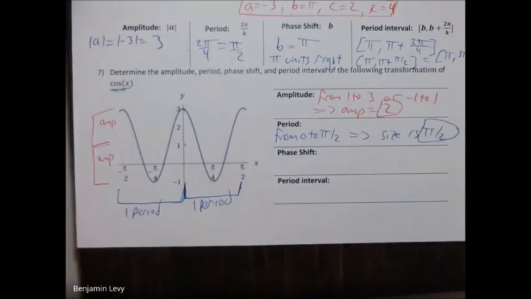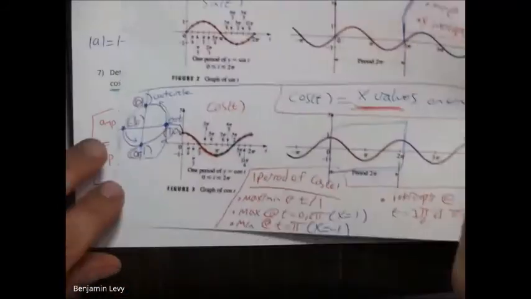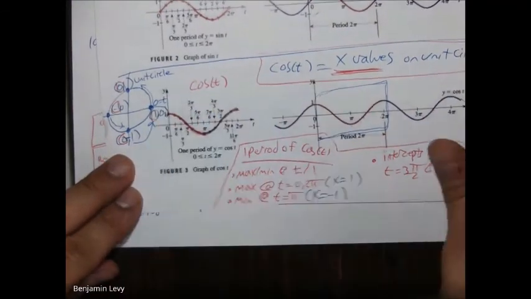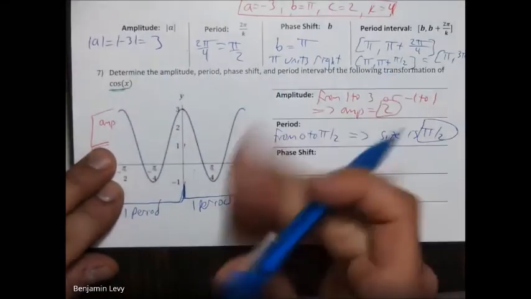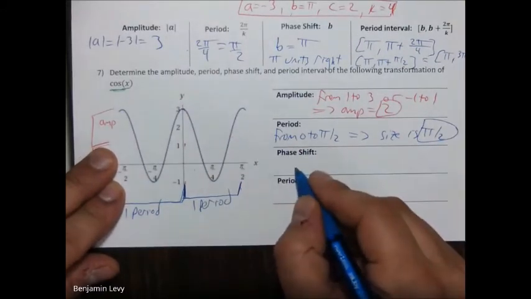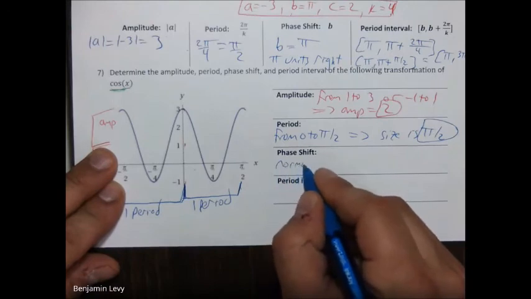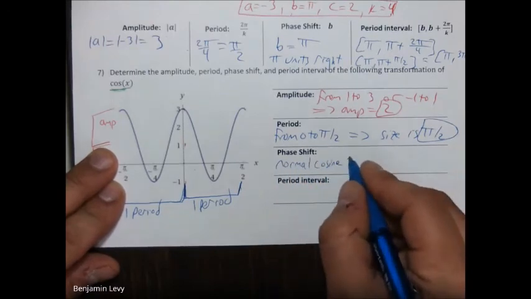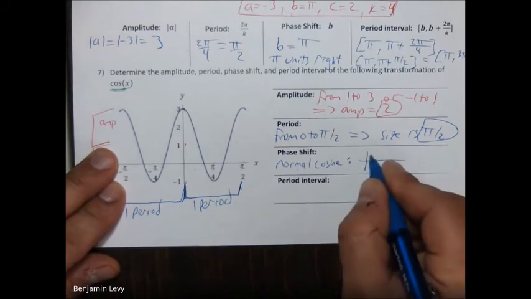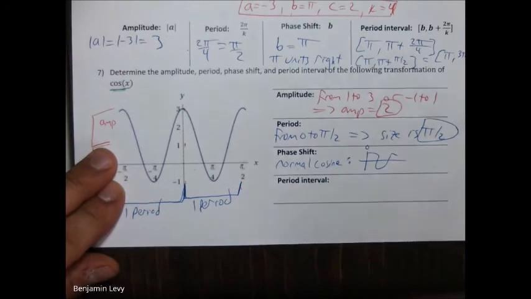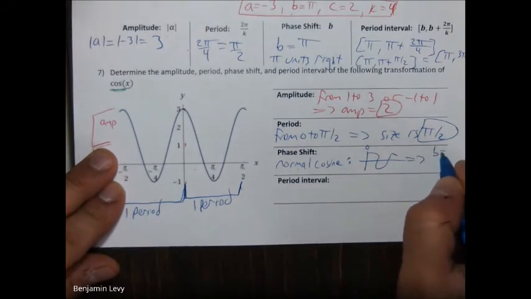Right, if I put up my base function for cosine again, it hasn't shifted away from this, right? It hasn't shifted left or right. If there was a phase shift, this starting point would be off the y-axis. And so, just to be clear, I'll draw this one. Normal cosine looks like this. Starts at 0, and this one still starts at 0. And so this one has no phase shift.